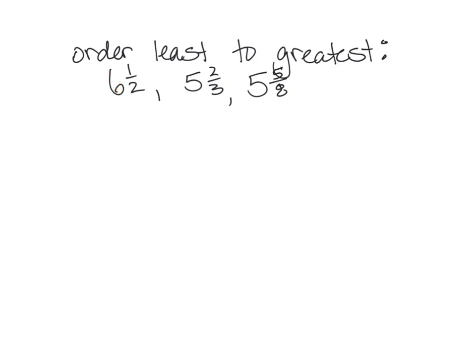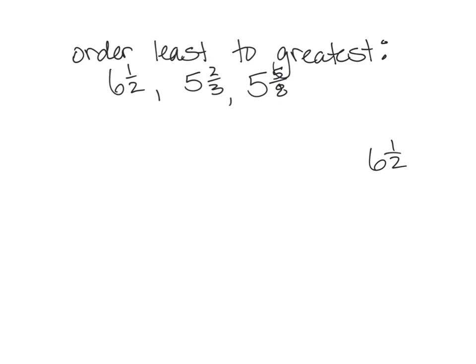So I have 6, and then 5, and then 5. So 6 and a little more, 5 and a little more, and 5 and a little more. Without even doing any calculations, I already know that this 6 and a little more is more than either of these. So I'm going to put this way over here in the greatest. It's 6 and change, and that's going to be bigger than $5 and change and $5 and change.